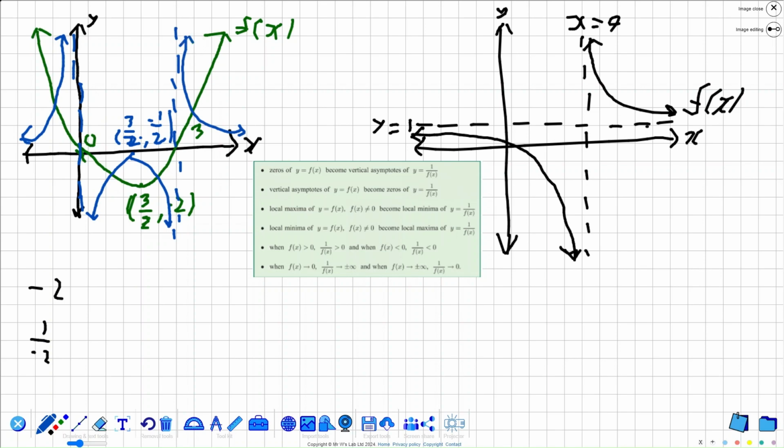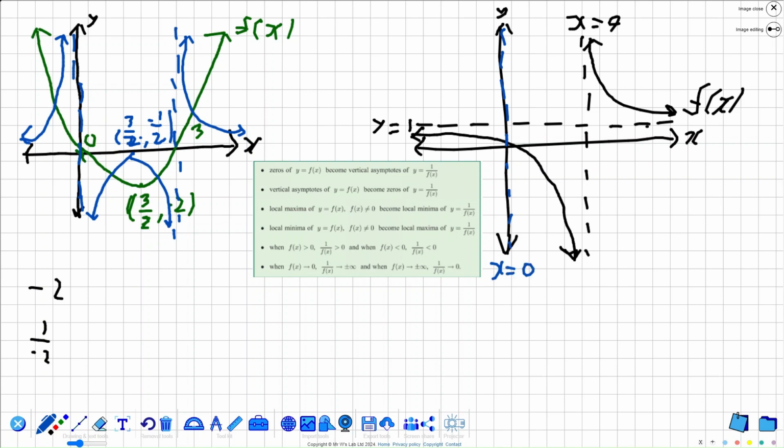Now for the next one, let's just focus on a few things. So we've got a 0 here, and we all know what happens with zeros. So I'll just do vertical asymptote along there, and I will label this one.